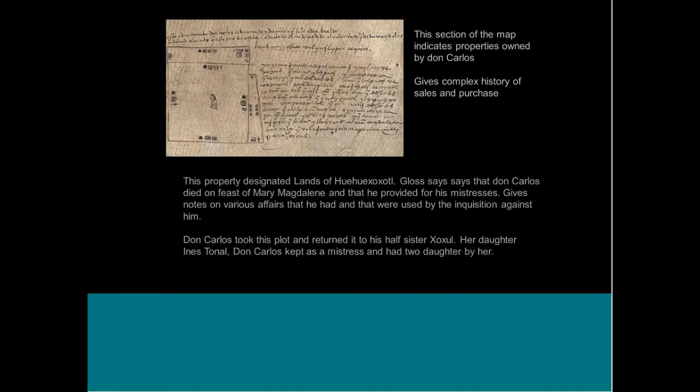And so really what we see in this map is, to a certain extent, the life of Don Carlos played out after his death. We see that he was a local chieftain who purchased pieces of land and rented them out. This seems to have been even before the coming of the Spanish. He had his niece as a mistress and had a couple of daughters by her. And so we see his life as an individual really played out on this map.